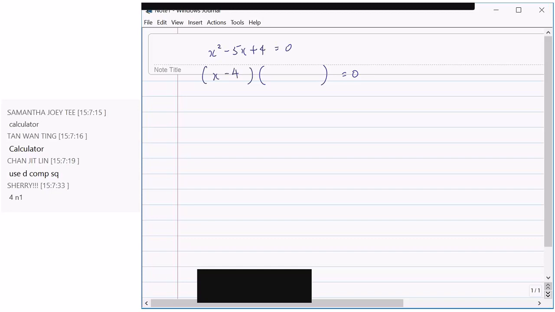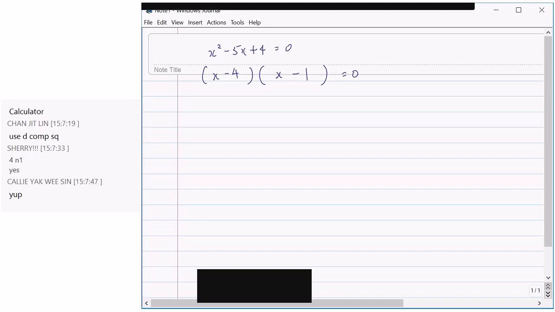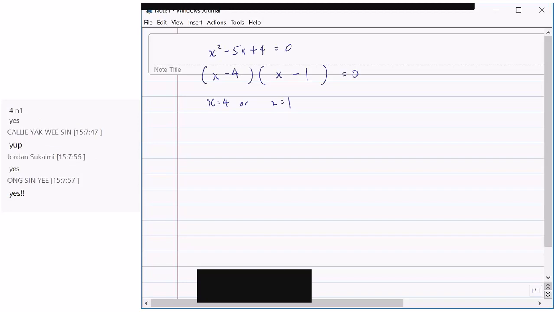You must tell me the full factor, not just the number. And then x minus 1 is the other factor, right? So, upon solving, x is 4 or x is 1. Up to here, okay? If anybody doesn't know how to do this, you must go back to secondary school already.